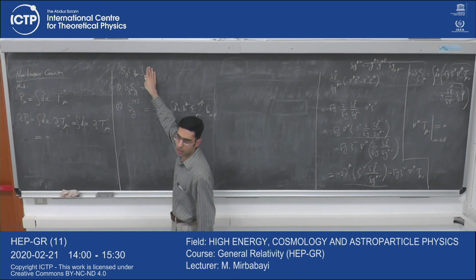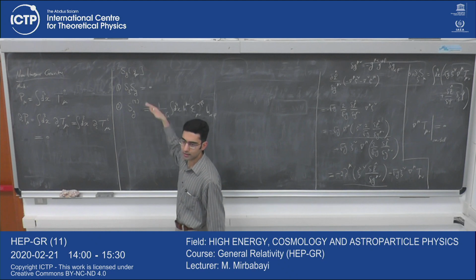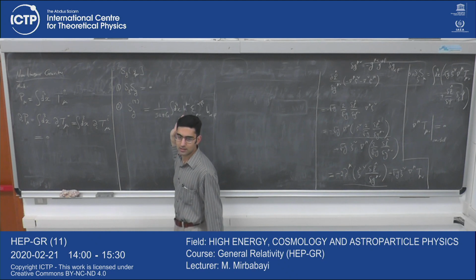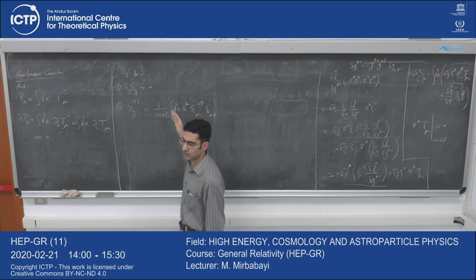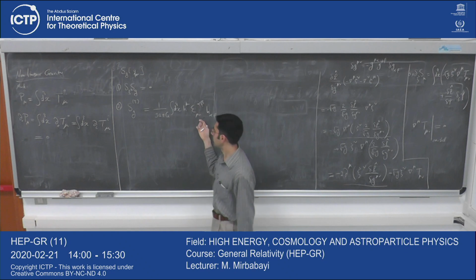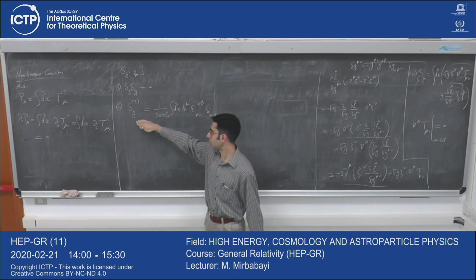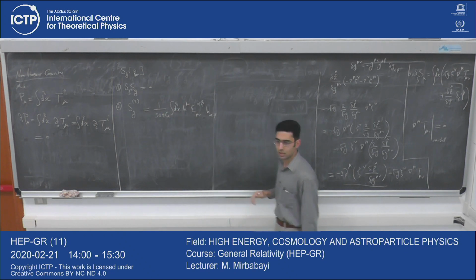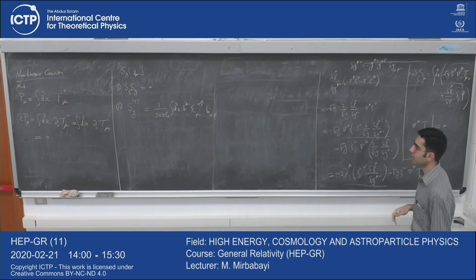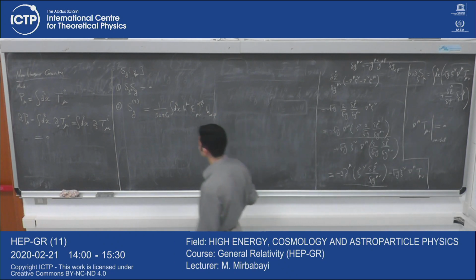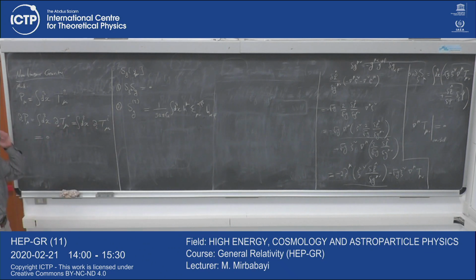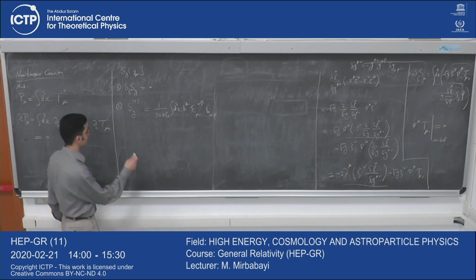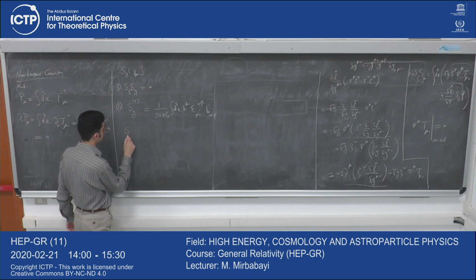Which means that whatever we write here, it should contain a piece that is second order in derivatives. So it has a two derivative term that, once we go to the quadratic regime, reduces to that, and there is a unique answer to these conditions. The two derivative generally covariant term that we can write is called the Einstein-Hilbert action.